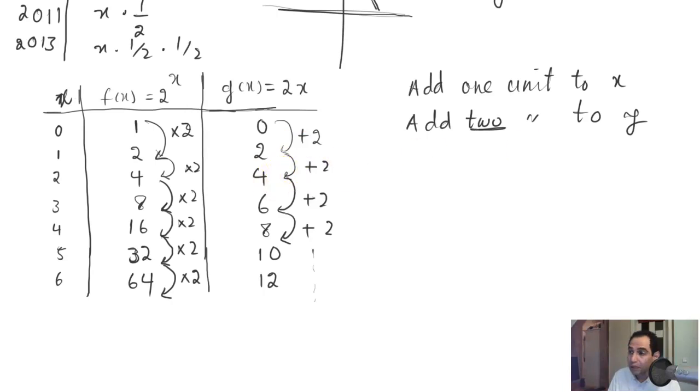So basically, exponential growth refers to the original value from the range increasing by the same percentage over equal increments found in the domain. So basically what that means, the original value from the range increases by the same percentage.